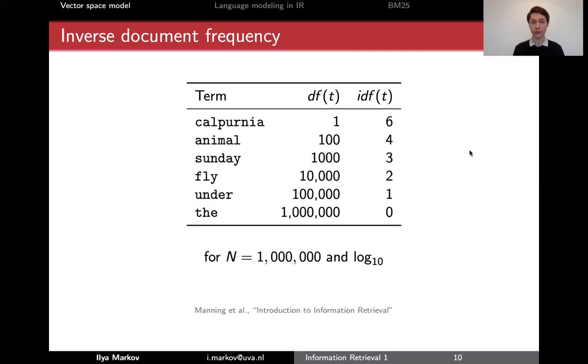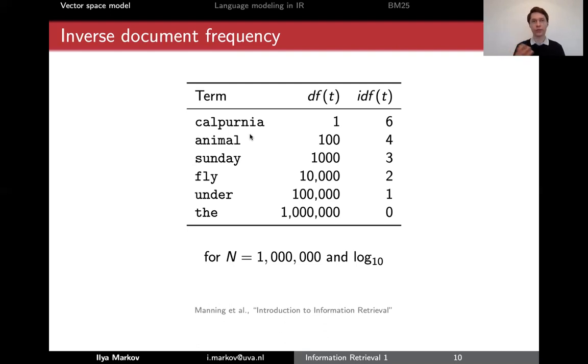As an example, you have different terms, and these are their document frequencies from 1 to 1 million. And clearly, the term that occurs in 1 million documents is not very representative. We want its IDF to be low. Instead, the terms that occur in very few documents like these two, we want them to really boost our weight.